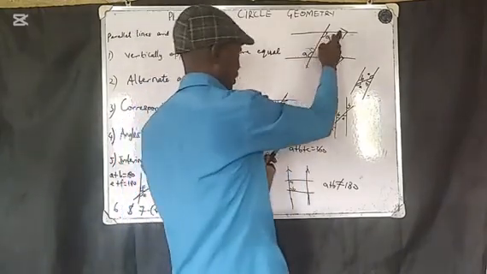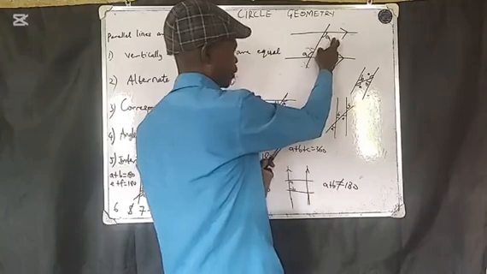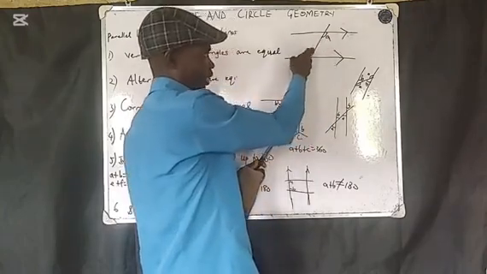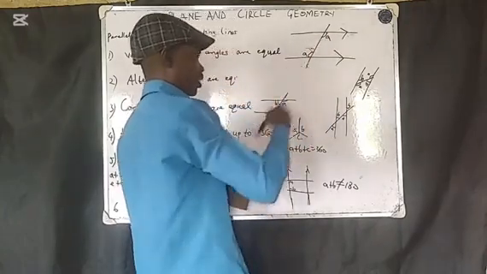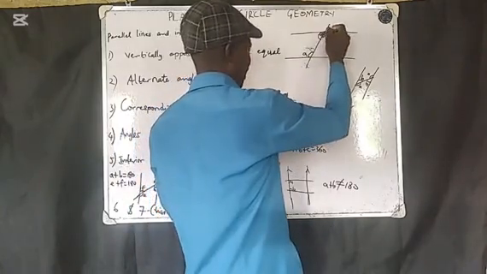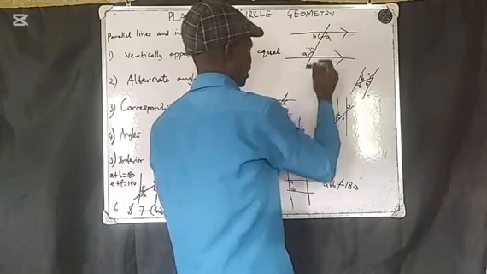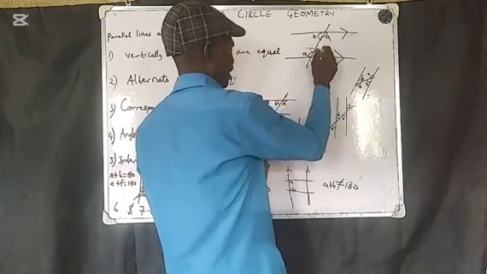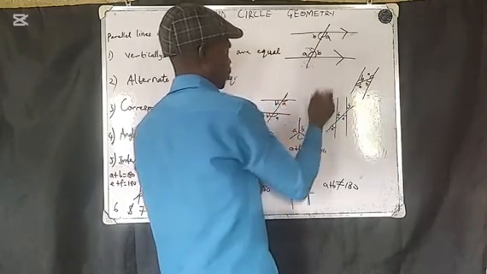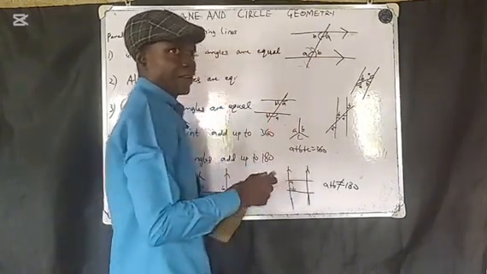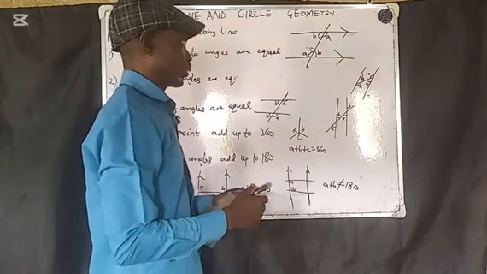If this side is A, the inner angle on the other side will also be A. If the left-hand inner angle is B, the right-hand inner angle will also be B. So you can see vertically opposite angles.